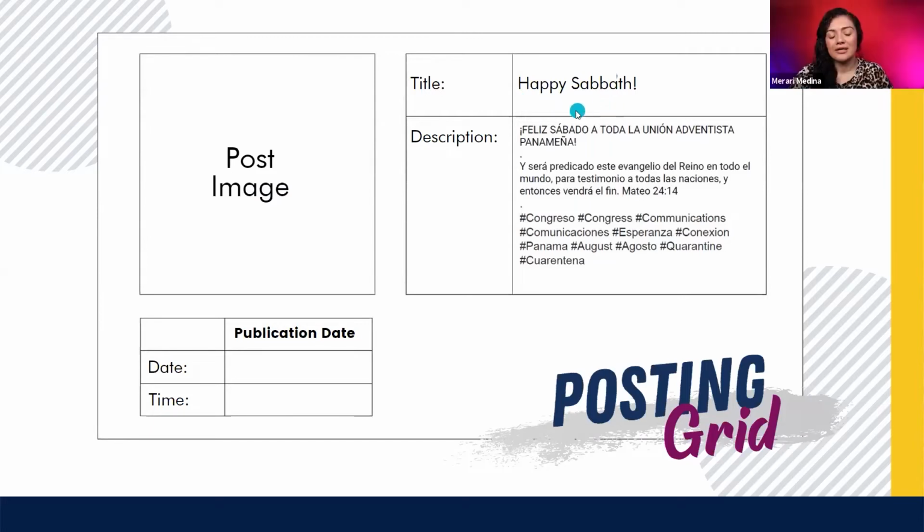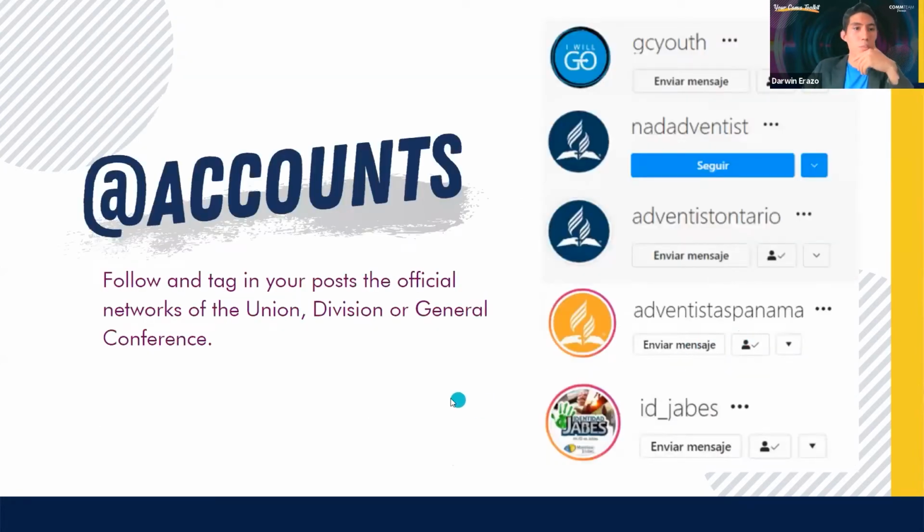And the description: we write it beforehand. It's not that we start thinking at the moment of posting what to put in the description. We have to think very early about what we are going to put in that post.